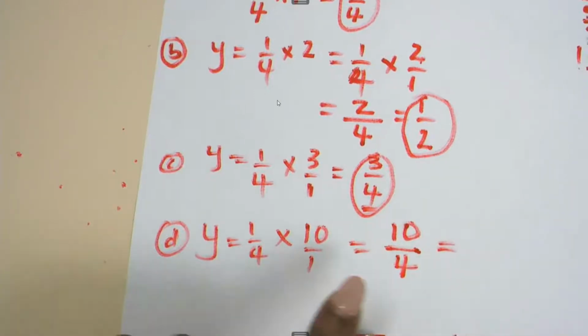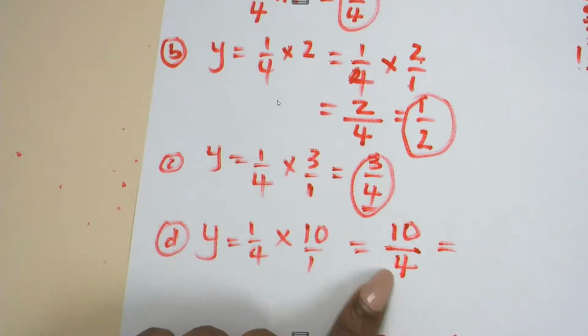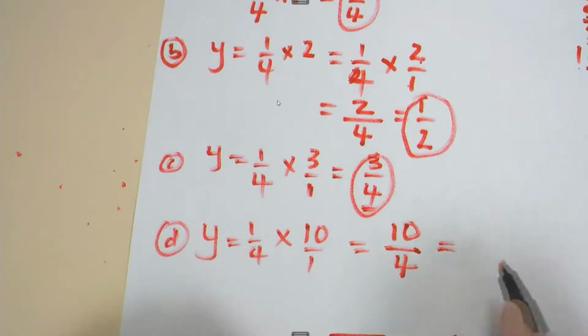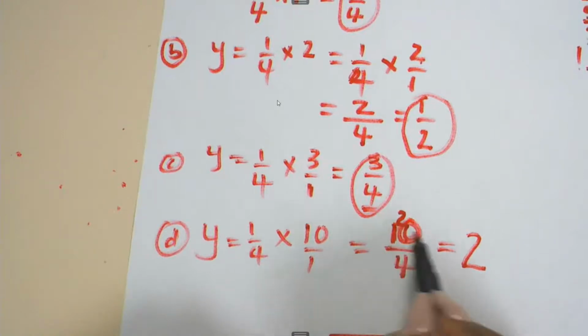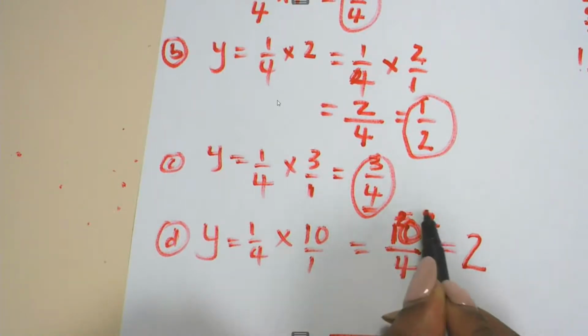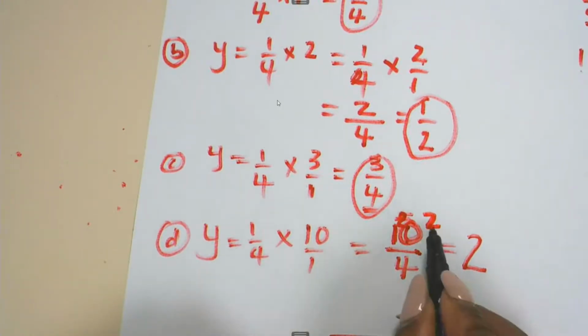Now, we have to simplify this. How many 4s into 10? Then we're having 2 4s. Now, how much is left? If we are having 2 4s, we are left with 2. We are going to put it here. Sorry for the confusion.